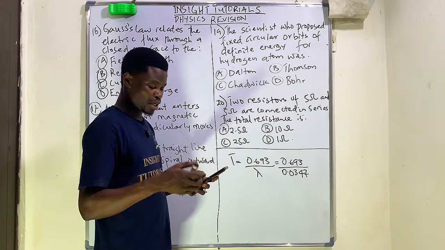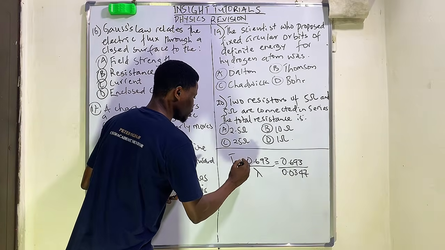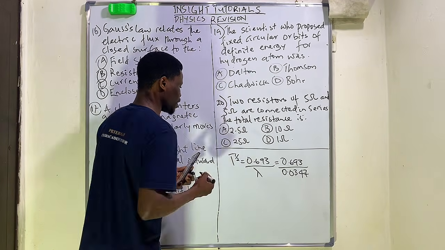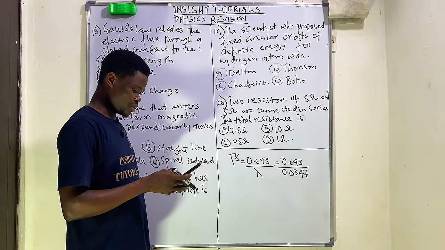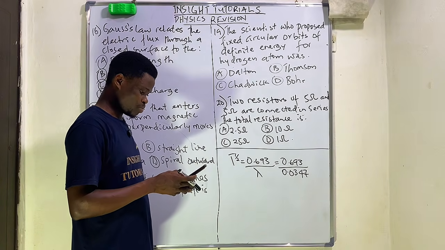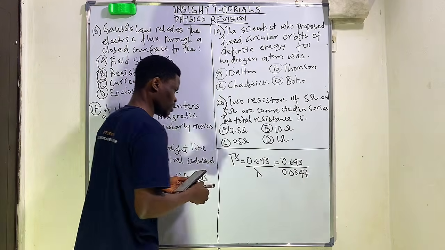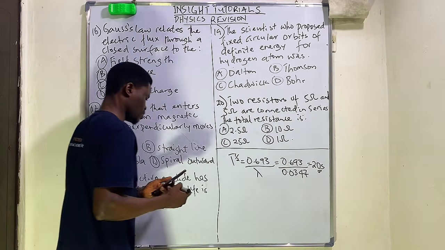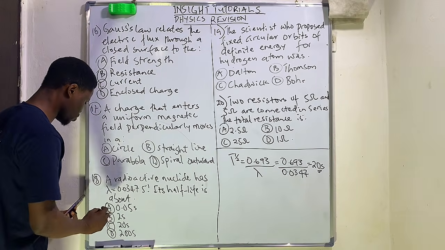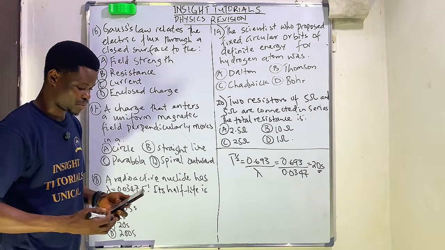All right, from a calculator, half-life is 0.693 divided by 0.0347, which will be equal to 20 seconds. So the correct answer to this question is option C. That is the half-life of this particular particle.